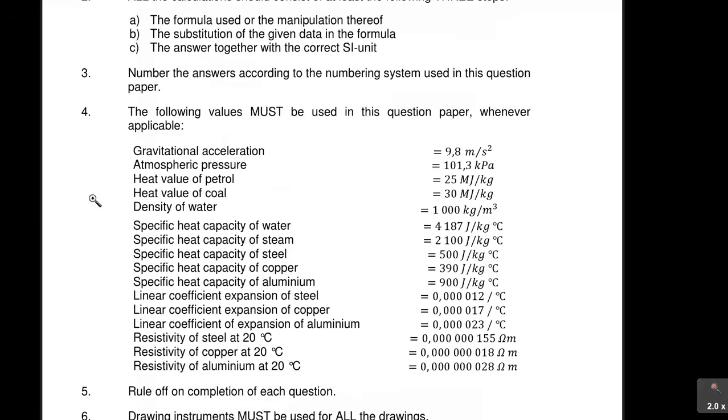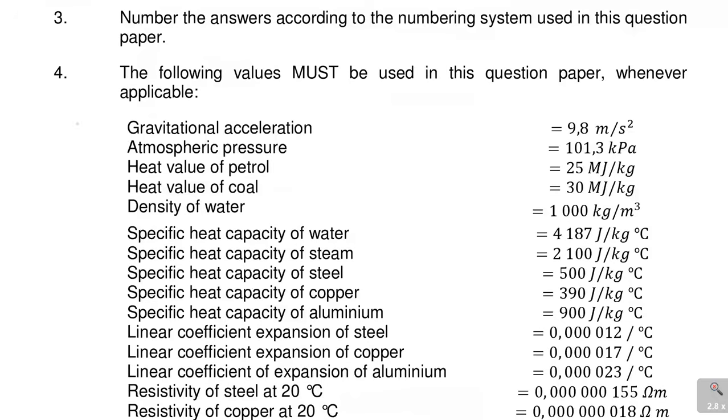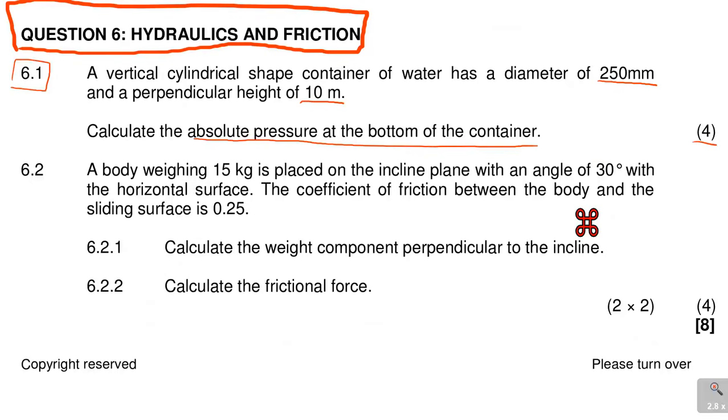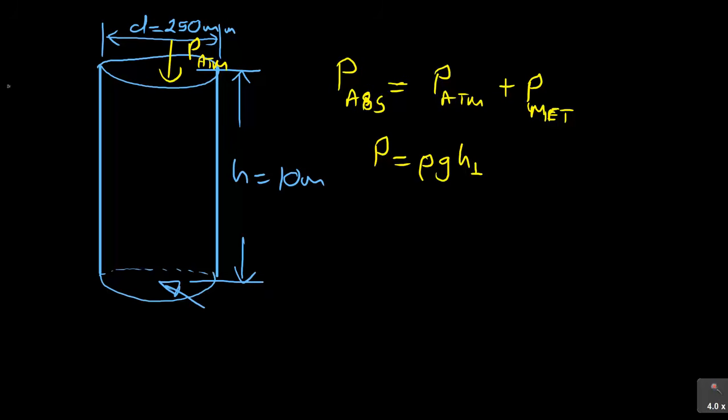If you look at your data here, you will find that you are given the atmospheric pressure, which is 101.3 kilopascals. So that's what we're going to use as our atmospheric pressure. So we have P atm, which is 101.3 kPa.